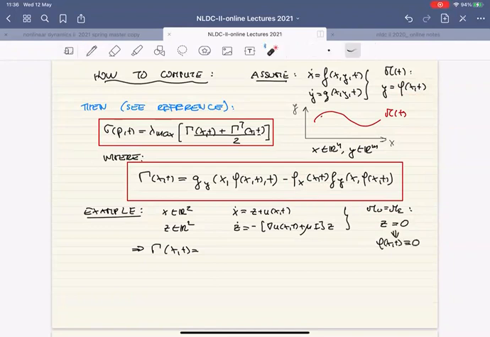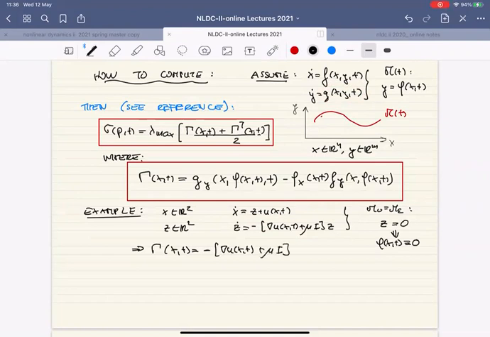That means that this term is out, which means that this whole second term is out, and all I need to worry about is g_y. Now remember what y was. y is just z. So I need to look at the second component of the equations and take its partial derivative with respect to z in the current context. So that will be just minus grad u(x,t) plus mu I.